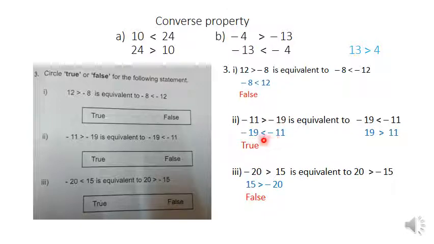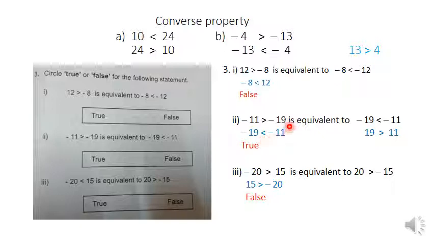And then you think what symbol you want to put. Okay, if you cannot think because you have two negative numbers, you write positive numbers first. 19 and 11. 19 big, so the open mouth near to 19. And then when you want to write your answer, you write the opposite symbol. Greater than, but here you write the opposite symbol, that is less than.